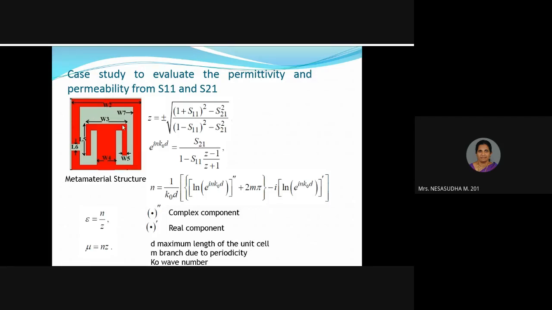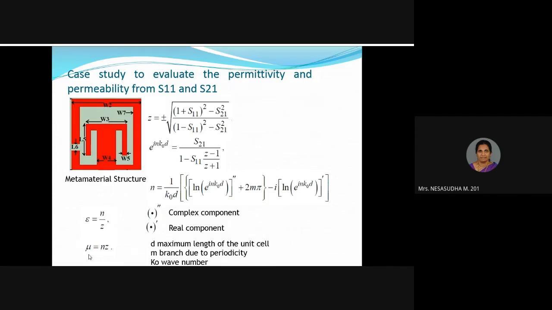S11 and S21 we can calculate from that previous diagram: how much is reflected, how much is transmitted. From this you can calculate the impedance Z. Applying this, you can calculate the n value. With the help of Z and n, you can calculate epsilon. Next, with the help of n and Z, we can calculate mu.